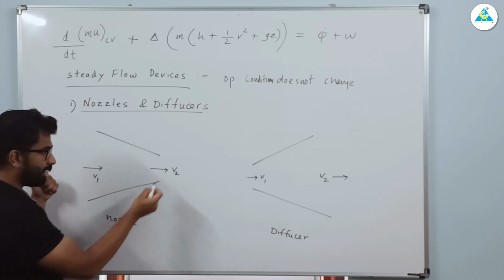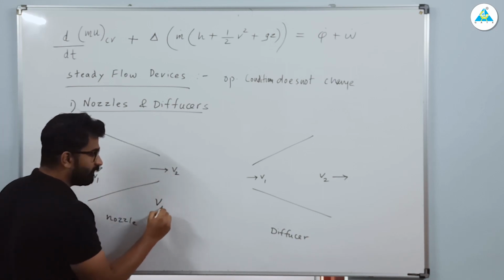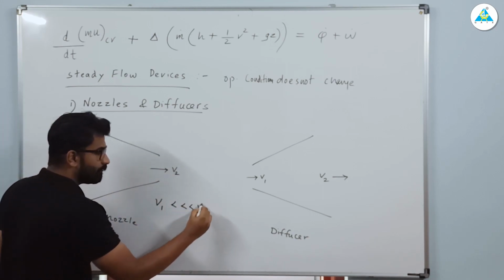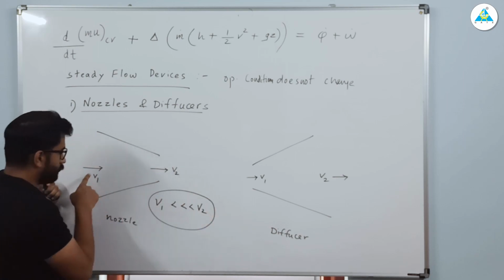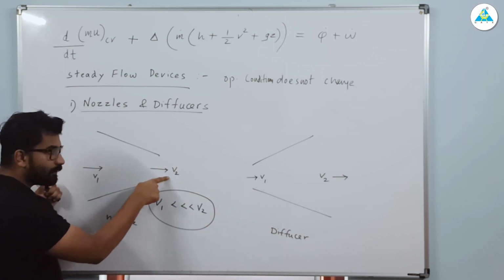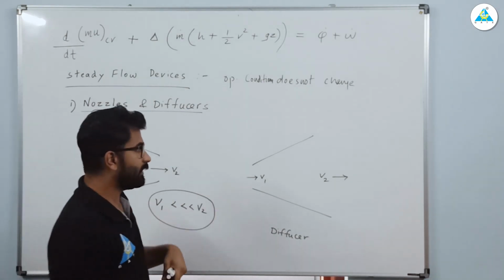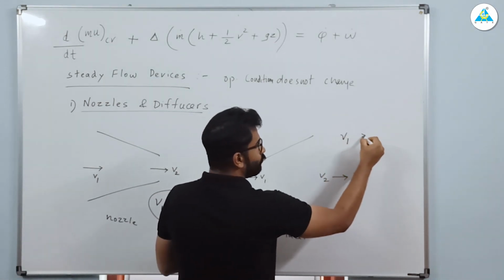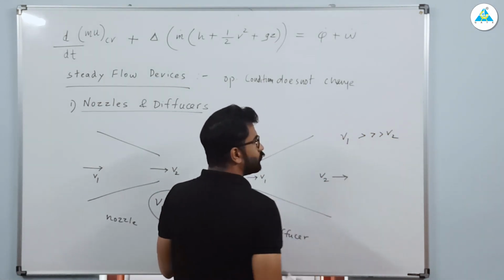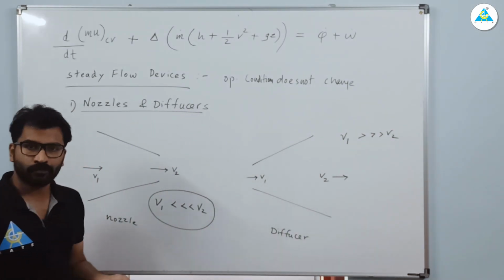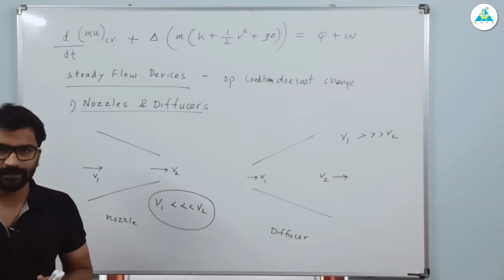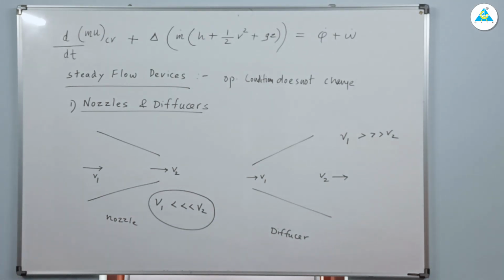So in this case V1 is very less compared to V2. Same way here, V1 is very much higher than V2. Two conditions. Clear? So these things you need to understand if you are solving the question.